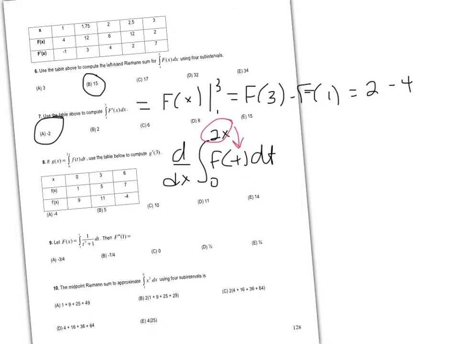But then what do we have? Times the chain of 2x, so times 2. So g prime of 3 is going to be f of 6 times 2. f of 6 is 7, so 7 times 2 should be 14.